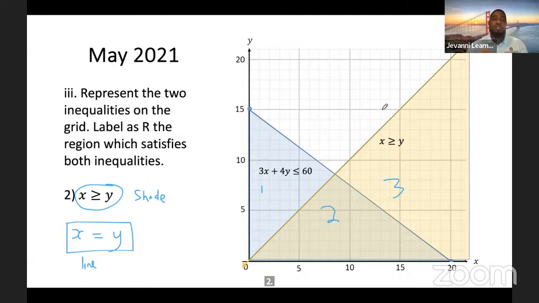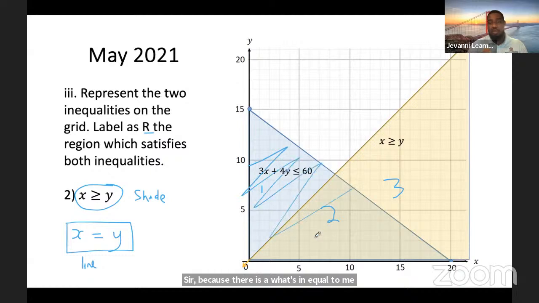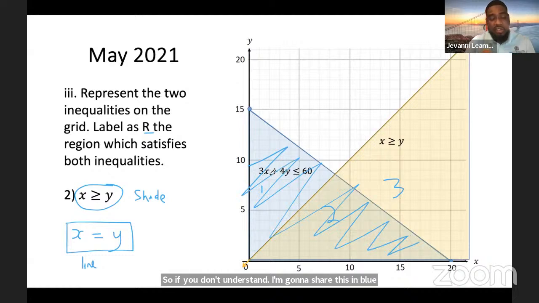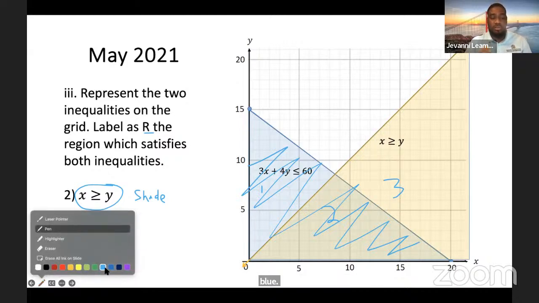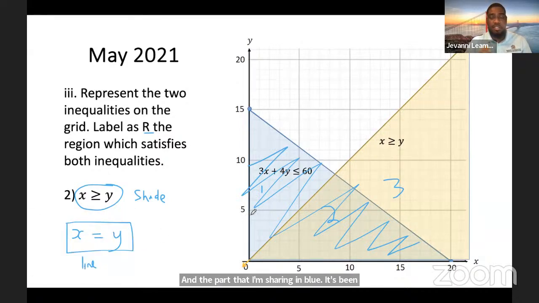All right, so that is, and I label that as my R, right? So this is where they all meet. If you don't understand, I'm going to shade this in blue, and the part that I'm shading in blue is represented by the inequality 3x plus 4y is less than or equal to 60.